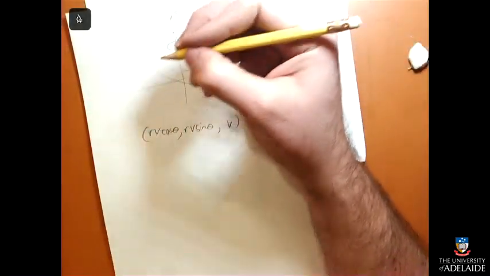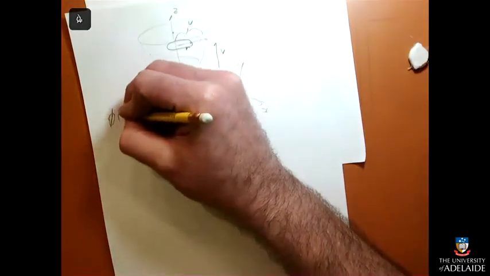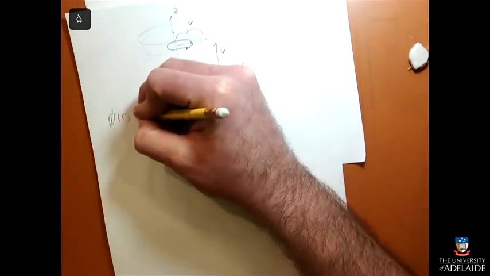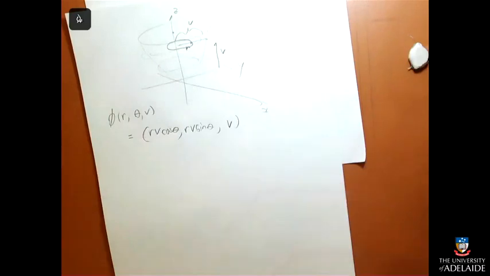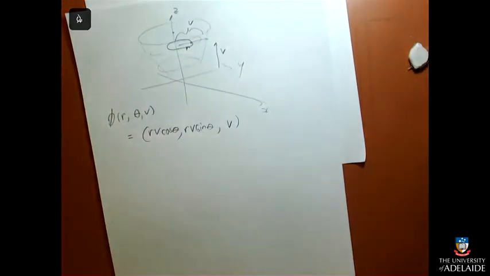All right, what did they call this? They called this phi. Okay, and that produces every point inside and on the edge of that volume.